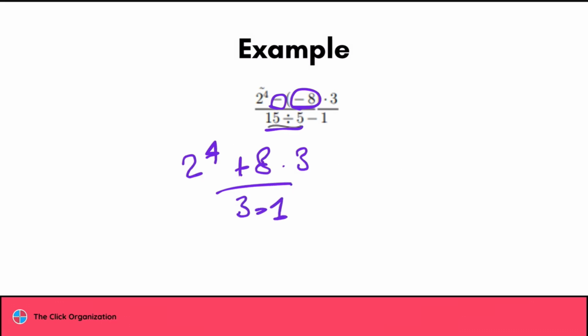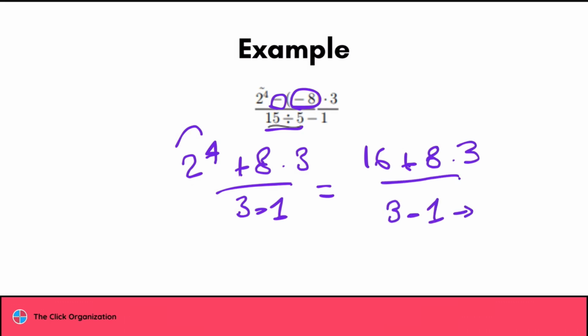So right now that I don't have any parentheses, I am going to go for the second part, which is exponents. I have an exponent in here, 2 to the power of 4. 2 to the power of 4 is 16. 16 plus 8 times 3, divided by 3 divided by 1, which will be 2, right?